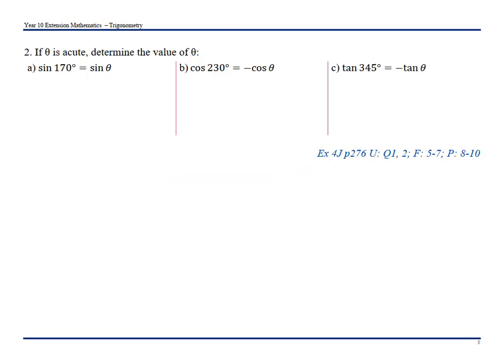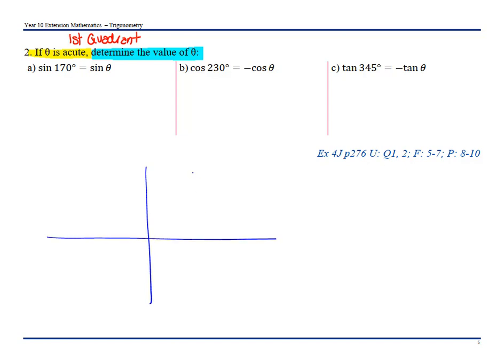Final one, if theta is acute, that means we're in our first quadrant. Determine the value of theta. So we want to rewrite these in terms of our first quadrant. The things to remember: in our first quadrant, we have theta.